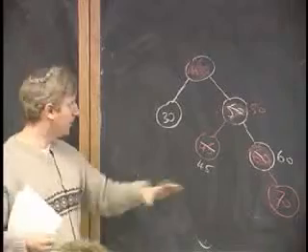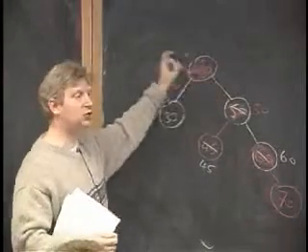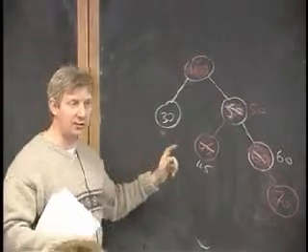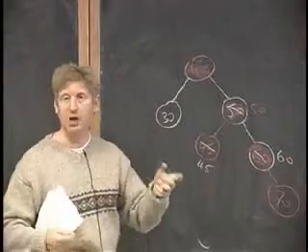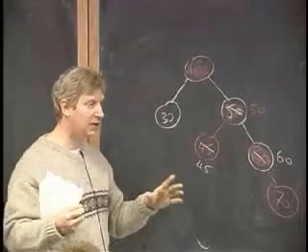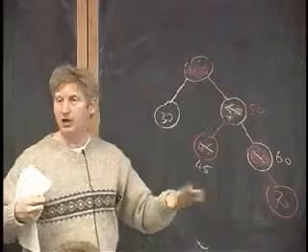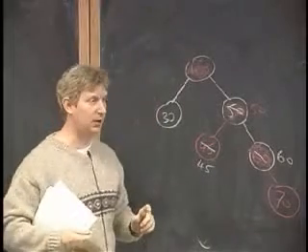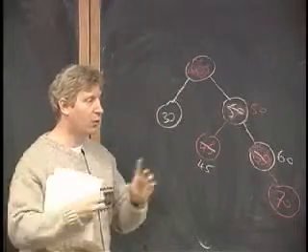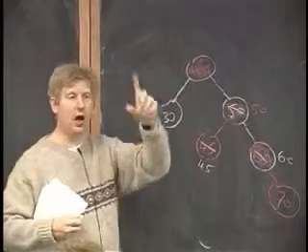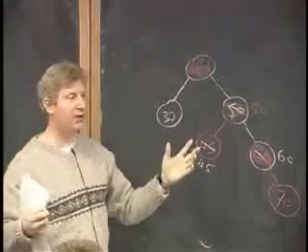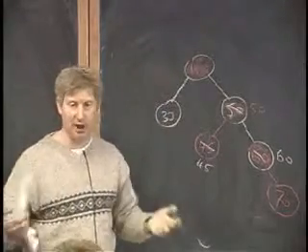Here's the good news. In the easy case, we move it up 2 generations. In the hard case, we have to do rotations and mutate. If you ever have to do a rotation and mutate, then you're finished and you never have to continue any further up the tree. So the worst thing that happens is you recolor moving up the tree, and at some point you have to do a couple of rotations, and then you're done.